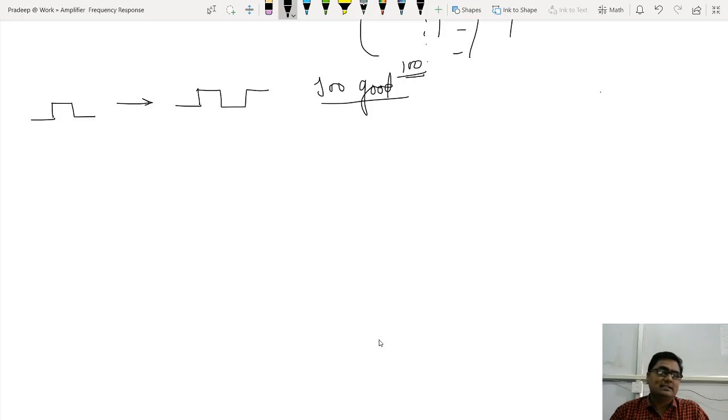It is an ideal amplifier, practically accepted, even though an ideal amplifier does not exist. But still we say if you get identical input and output waveforms, then the amplifier is good. If at lower frequencies, for every frequency you are supposed to get the square wave as it is.